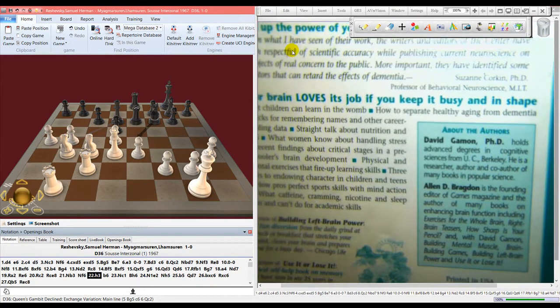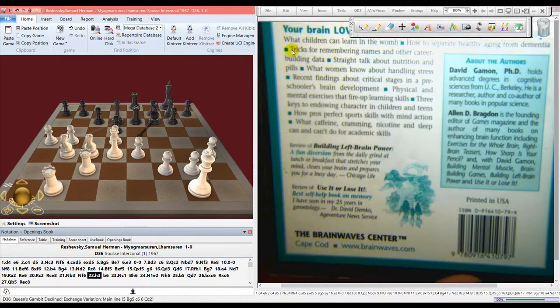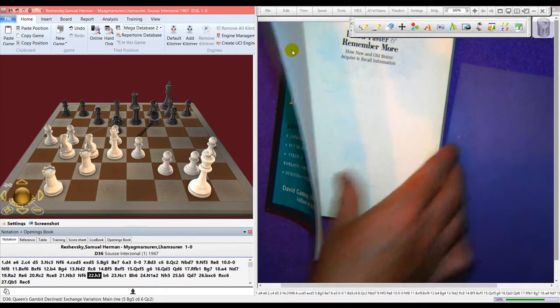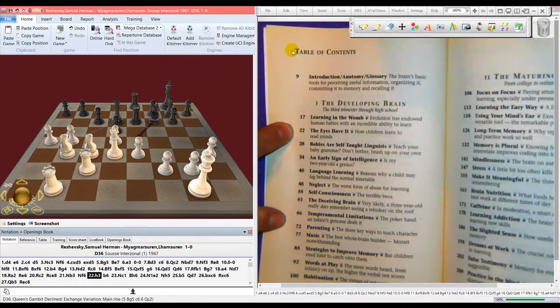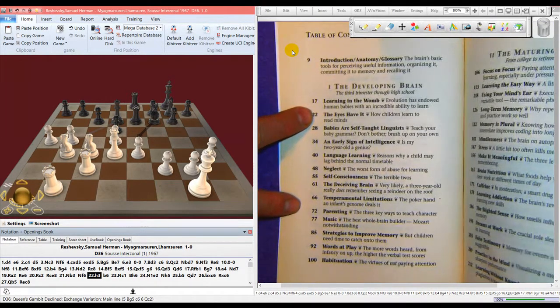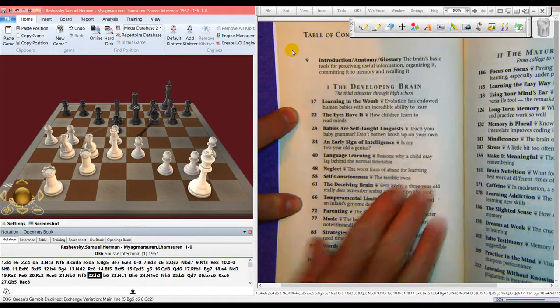And you notice it's written by one person with a PhD. We'll go ahead and take a look inside and let you guys see the table of contents here. The first one is the developing brain, third trimester through high school.